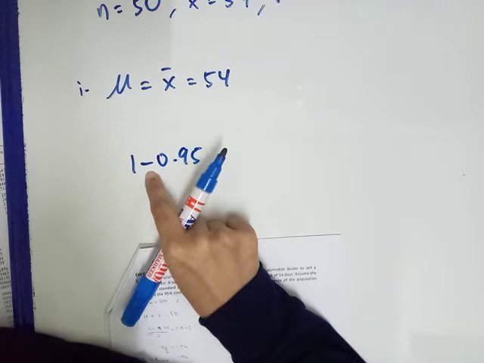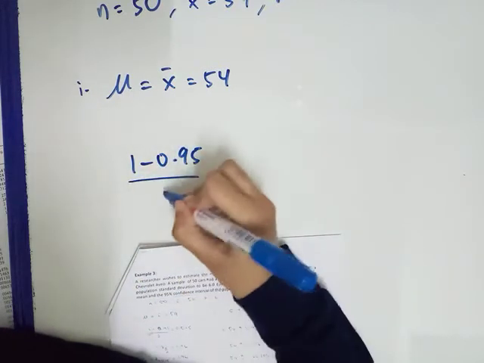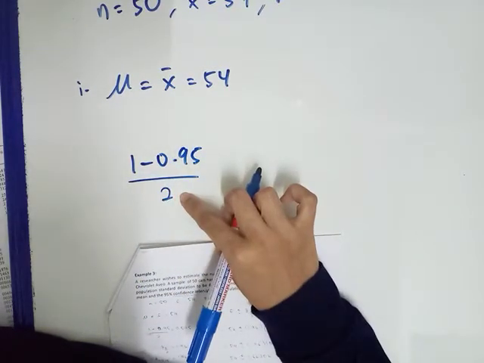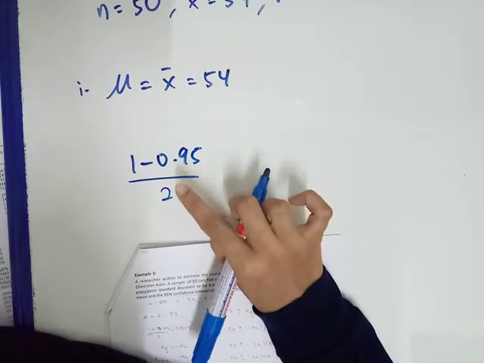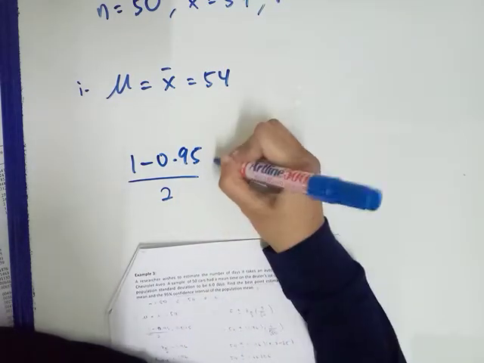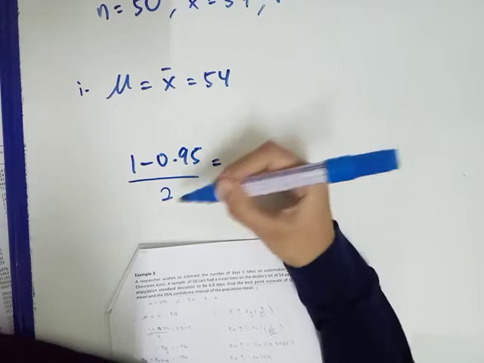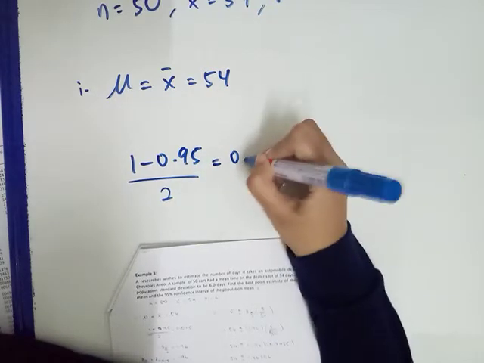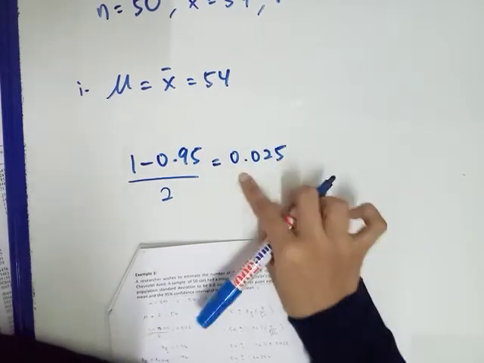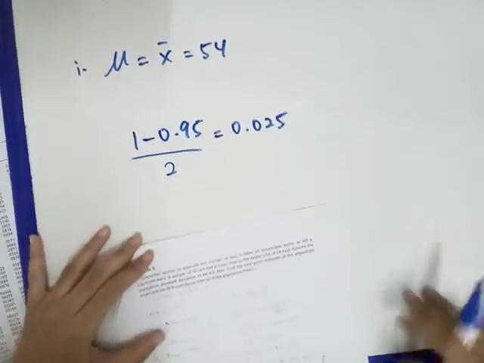So 1 minus 0.95, divided by 2. Why divide by 2? Because we need only the area in the right tail. So you calculate, you will get 0.025, which is alpha over 2.